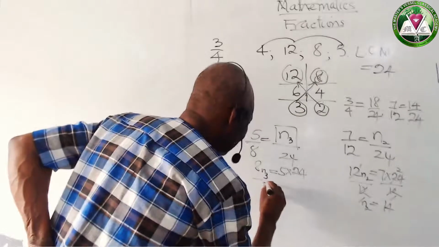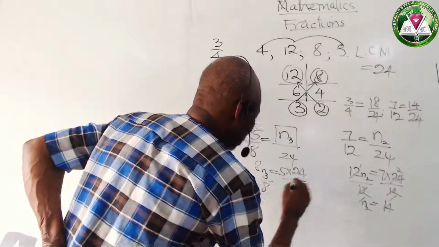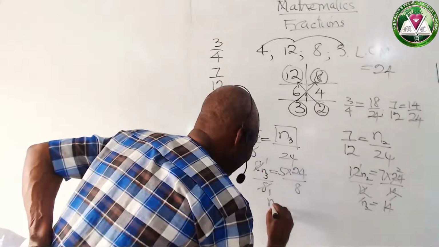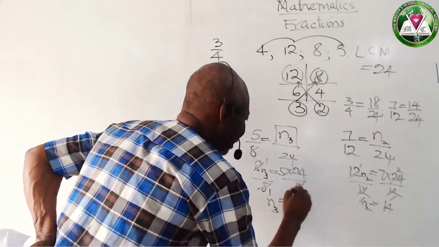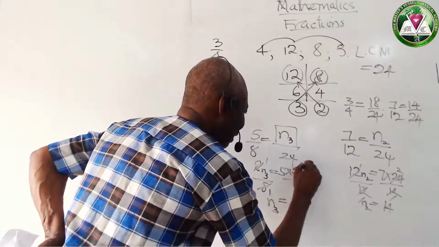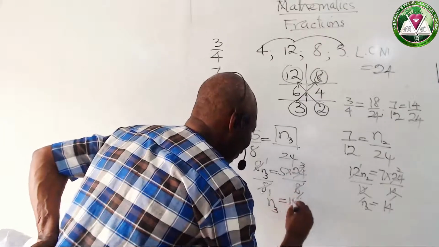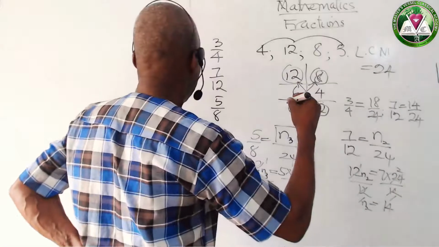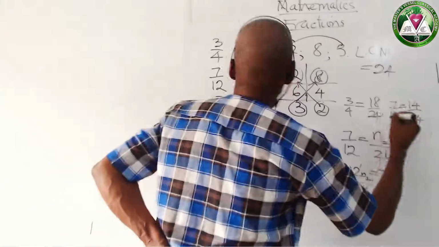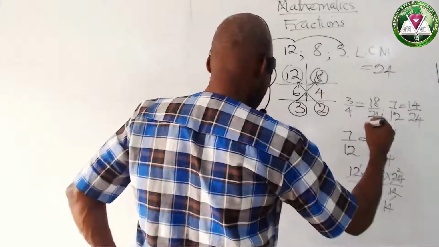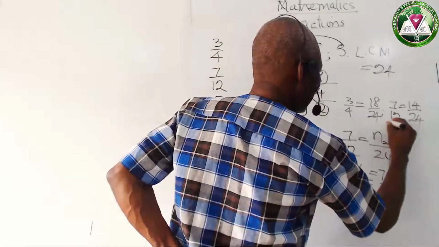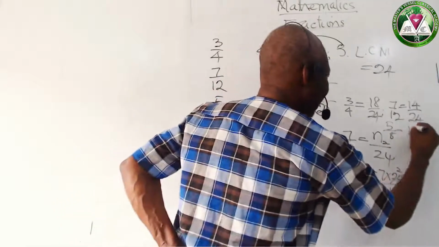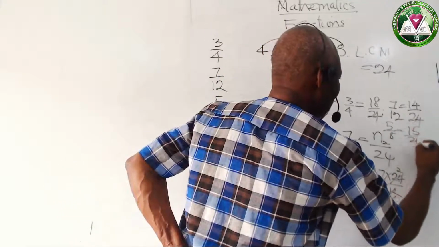Divide by 8, divide the other side also by 8. 8 here 1, 8 there 1. 1 times n3 is n3. n3 is equal to 8 into 24, 3. 3 times 5, 15. It therefore means 5 over 8 is equal to 15 all over 24.